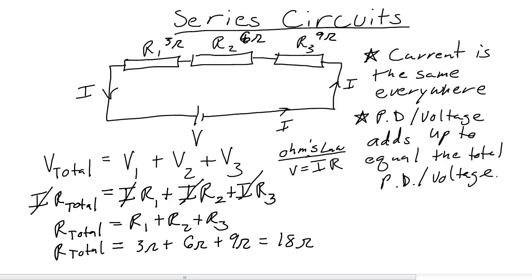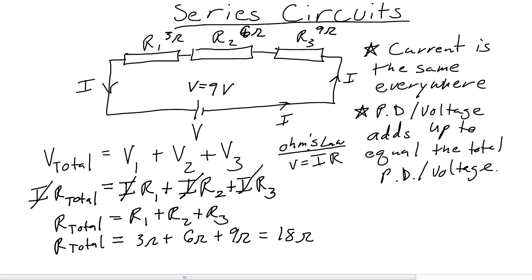So the second thing I said about a series circuit is that the potential difference adds up to equal the total voltage. So each component, each resistor, has a potential difference across it that will add together to equal the total potential difference. And so for the sake of argument, I'm going to say that the potential difference of this battery that we've hooked to this is 9 volts. So I've given it a value of 9 volts.